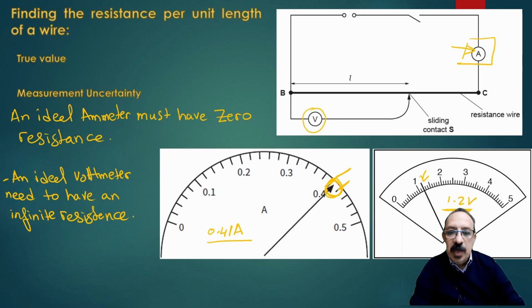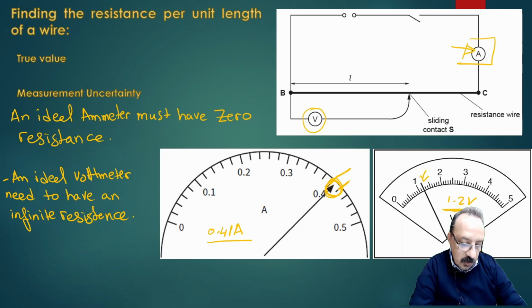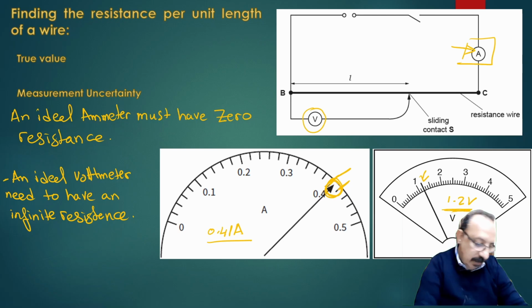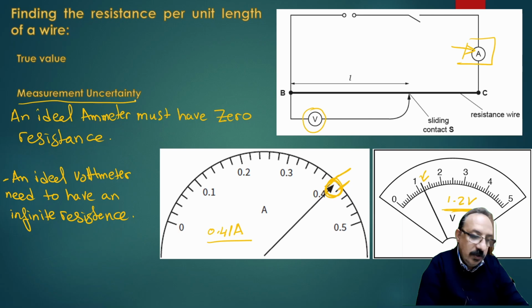You have to bear this always in your mind. So what is a measurement uncertainty? It is the uncertainty caused by using measurement instruments.